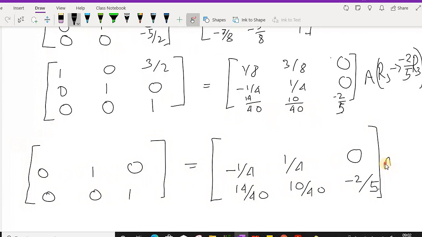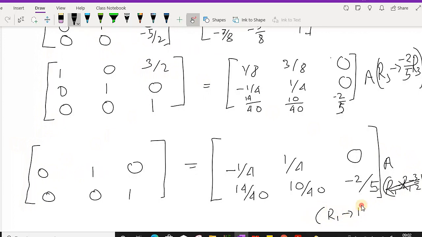Okay. So A. So which operation do we have to apply? It is 0, so what do we do? R1 changes to R1. Here what is there? 3 by 2 is there, so this will be minus 3 by 2 into R3. Sorry, there's no place to write.